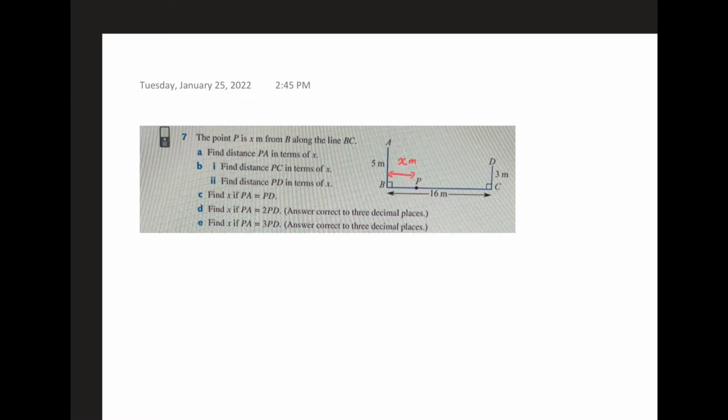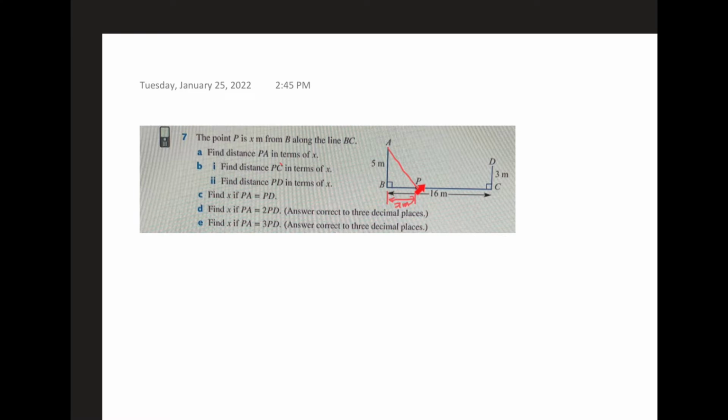So what to do here? We should expect a right angle triangle over there. Let me rub away this x meter first, then I put my x meter down here. We want to look for this PA. We can see a right angle triangle ABP here, and we are looking for PA, so we have to use Pythagoras Theorem.